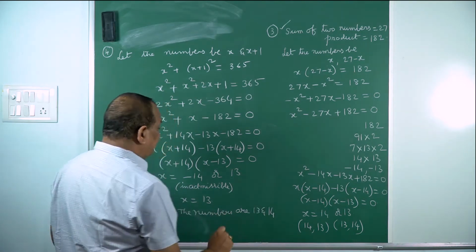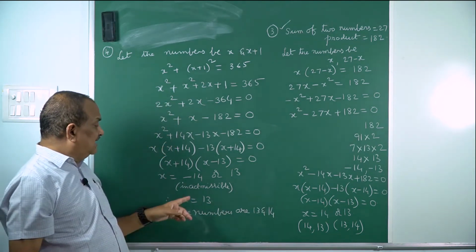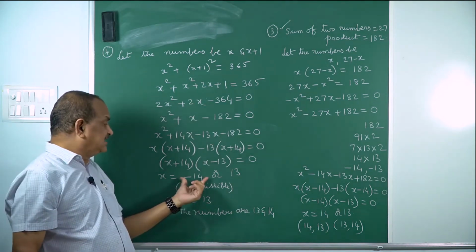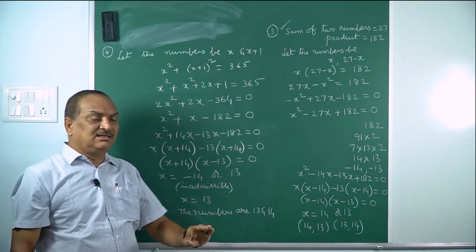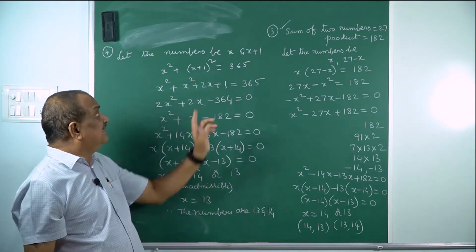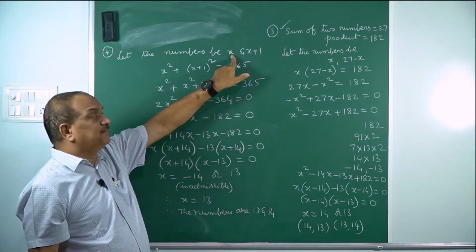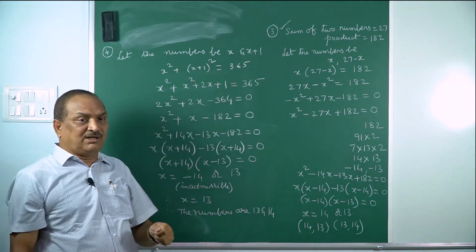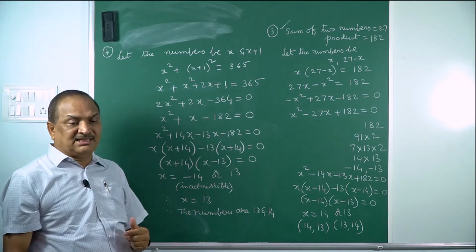Don't get confused about how I got 14 when there is a minus 14. It has nothing to do with this. This root is completely ruled out. You got 13, that's it. If x is 13, the next number is 13 plus 1. That is how I got my 14, not from the minus 14.